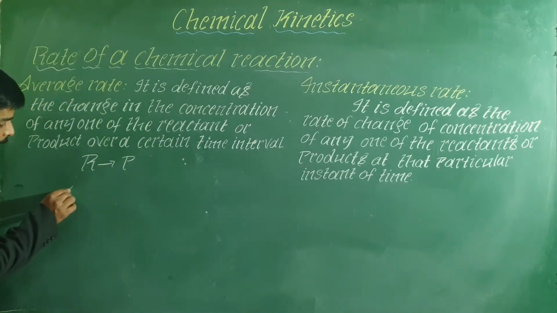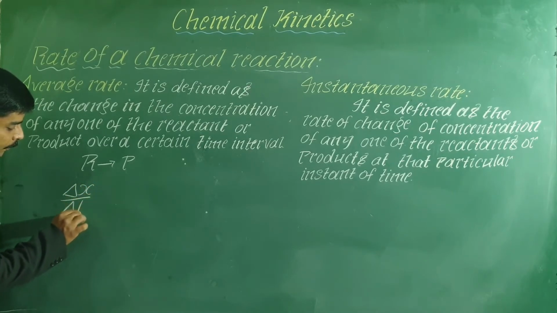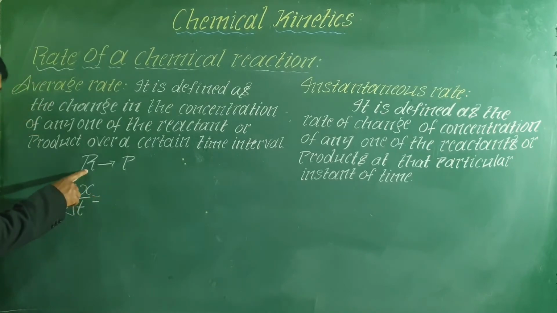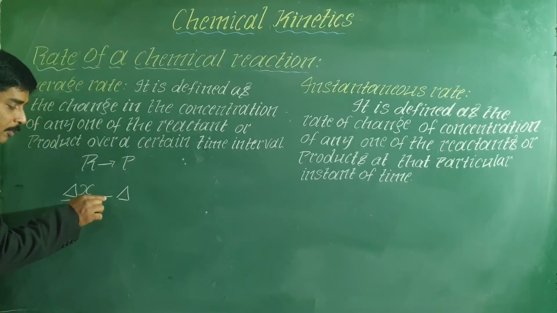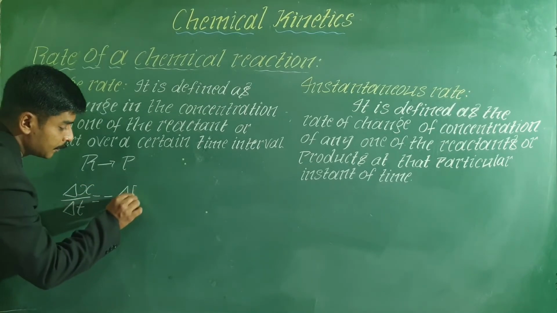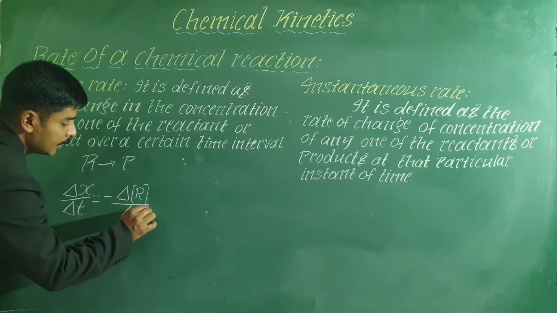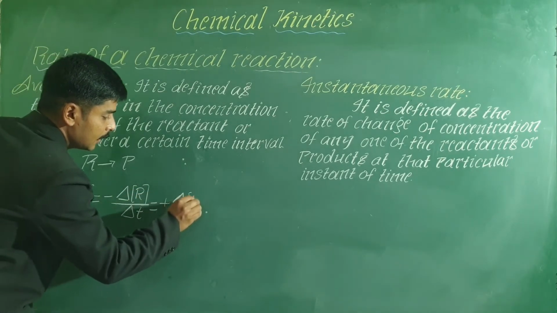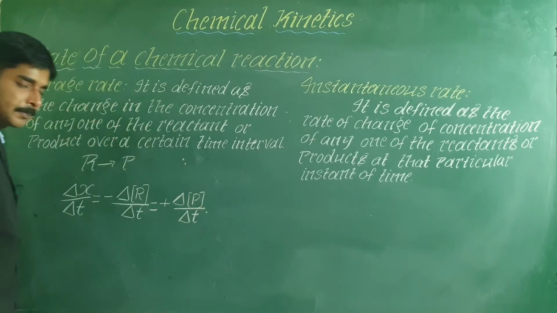The average rate of a reaction is denoted by the symbol delta x by delta t. With respect to reactant R, we must put the minus sign: minus delta R divided by delta t. For product, it is plus delta P by delta t.